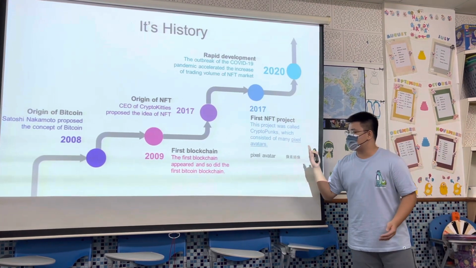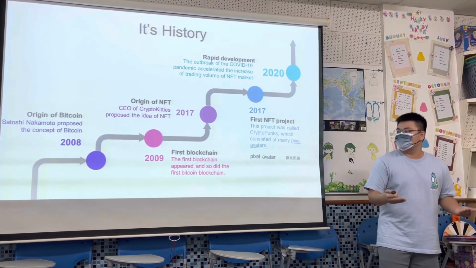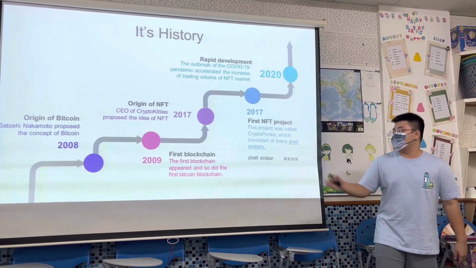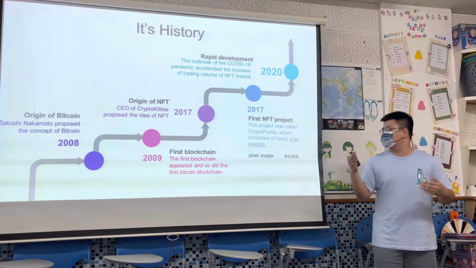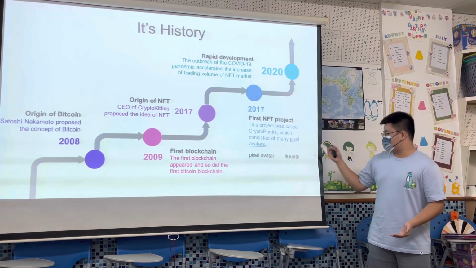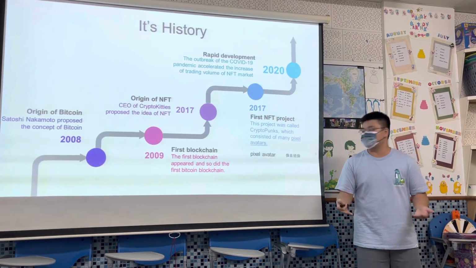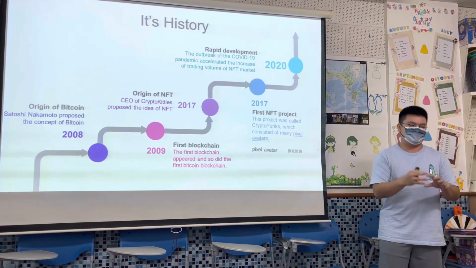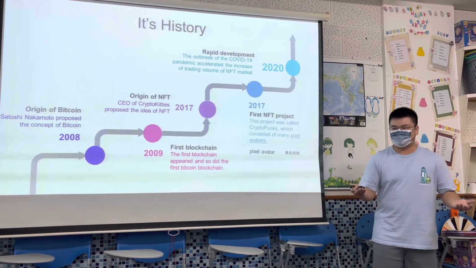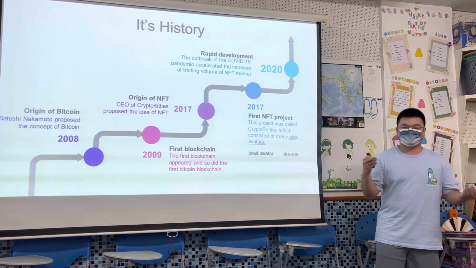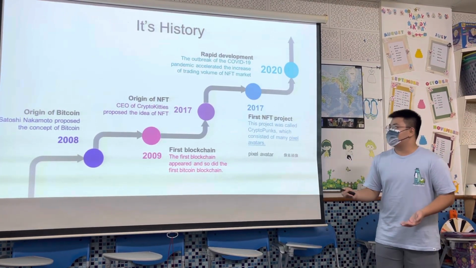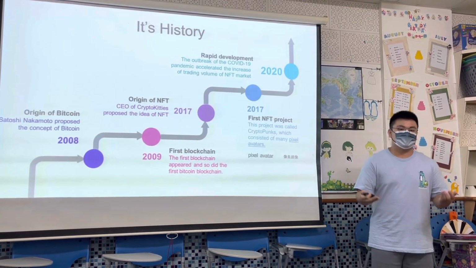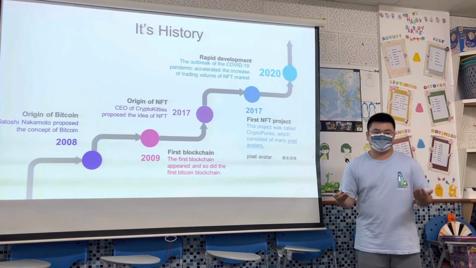Until 2017, the CEO of CryptoKitties proposed the idea of NFT, and in the same year, the first project was created, called CryptoPunks, which consists of many pixel avatars, just like the avatar you see, a monkey one, and I will show you later. And from 2020 to now, the outbreak of COVID-19 has accelerated the increasing trading volume of the NFT market.